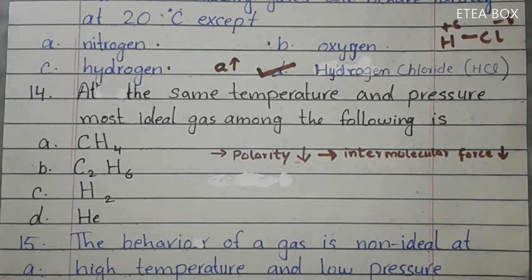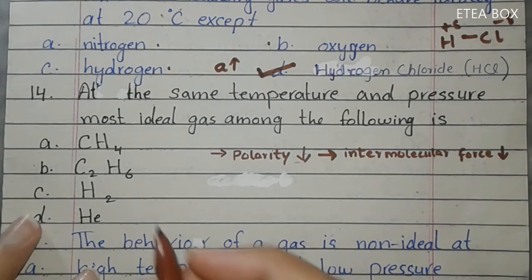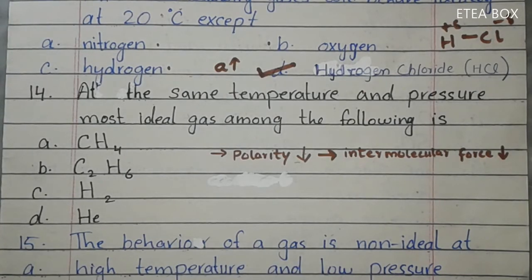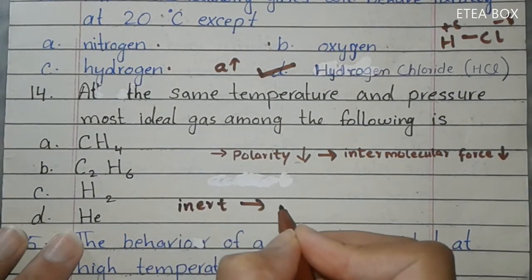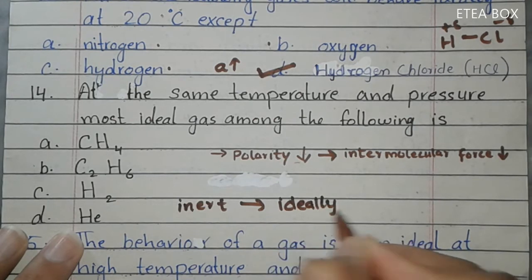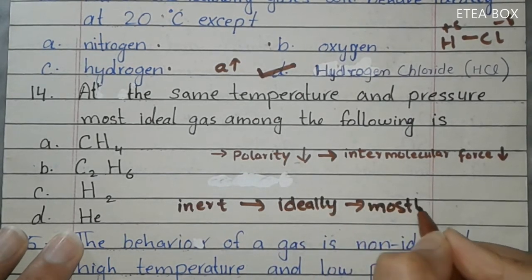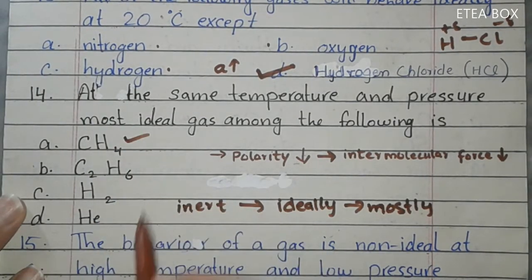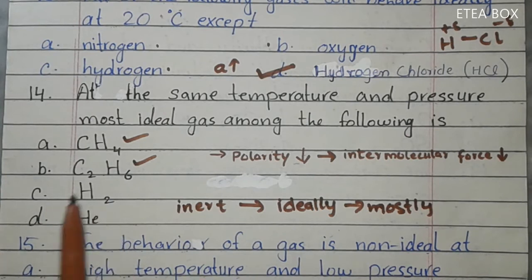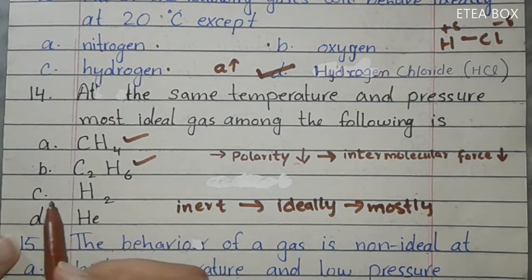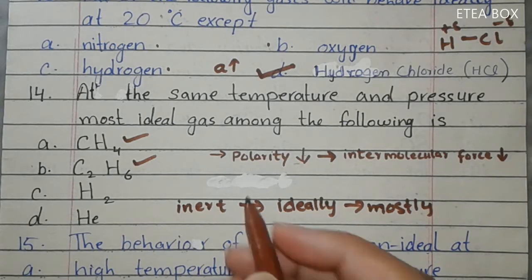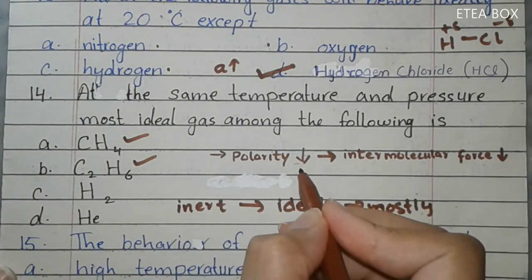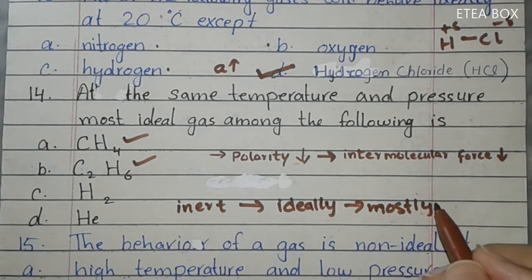Next, at the same temperature and pressure, the most ideal gas among the following is. Keep one thing in mind: inert gases mostly behave ideally. This one is not inert, and this one is also not inert because a little bond moment is found here. Now come to C and D. Whenever we have low polarity, intermolecular forces are low, and then that gas will behave ideally.